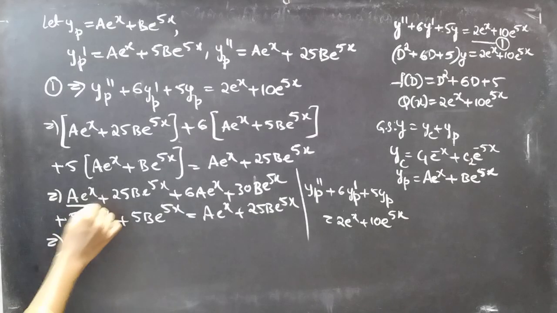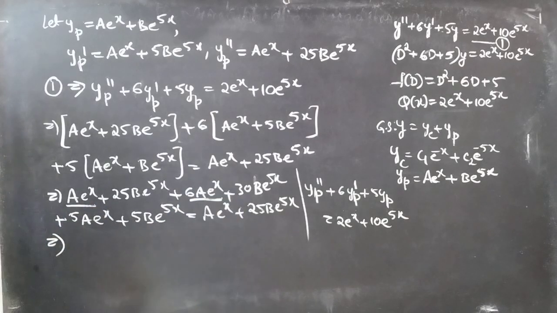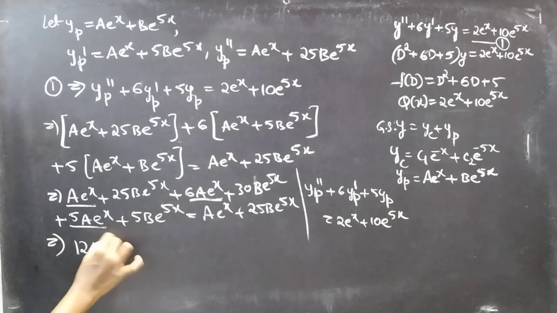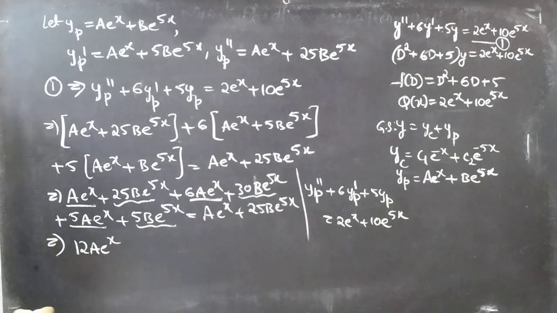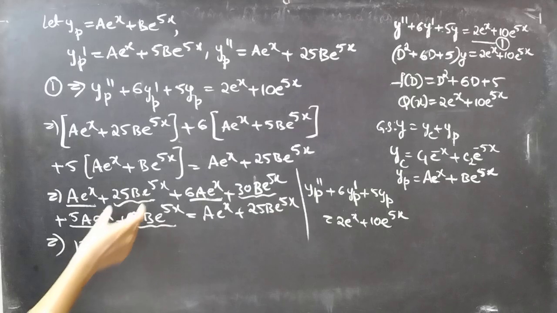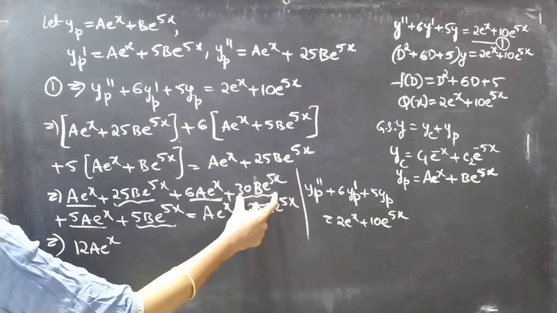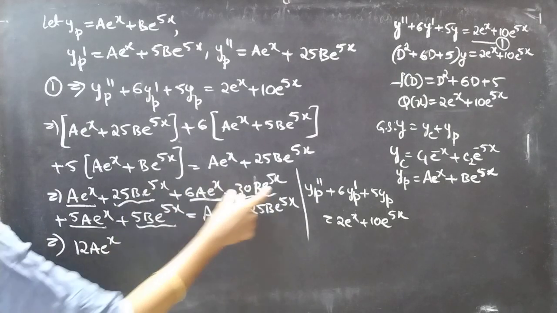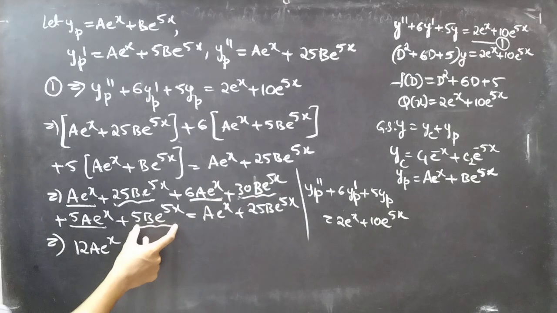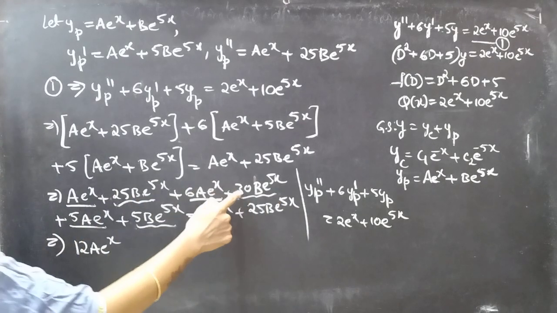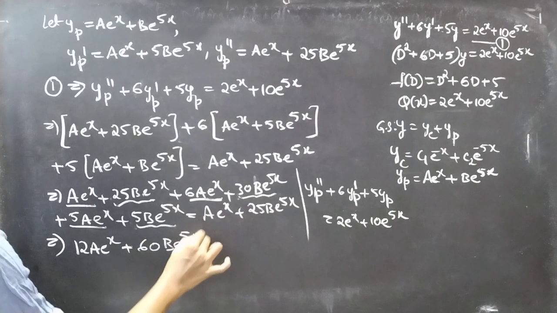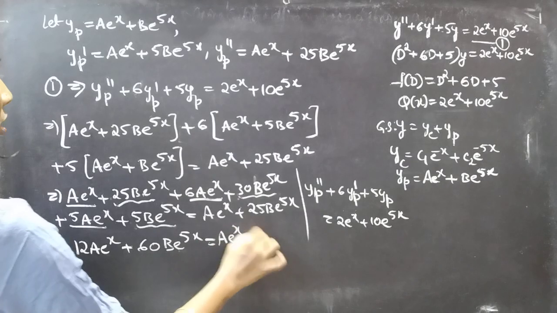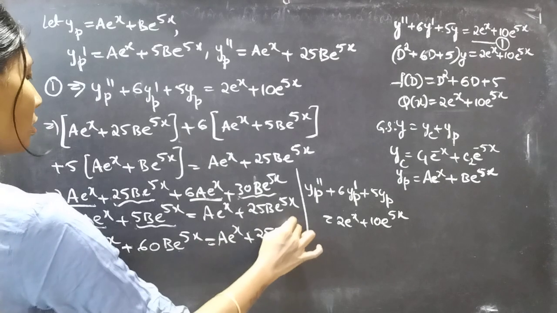This gives us a e power x plus 6a e power x plus 5a e power x, which gives 12a e power x. Now add the terms involving b e power 5x: 25b plus 30b plus 5b. 5 plus 25 is 30, 30 plus 30 is 60. You get plus 60b e power 5x.